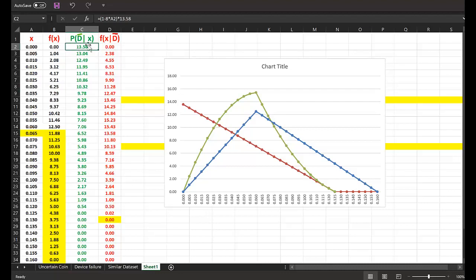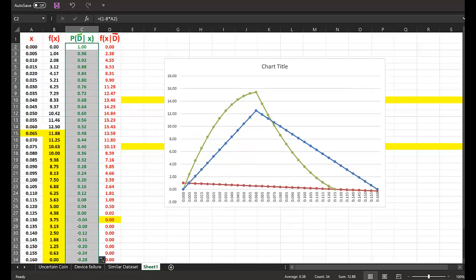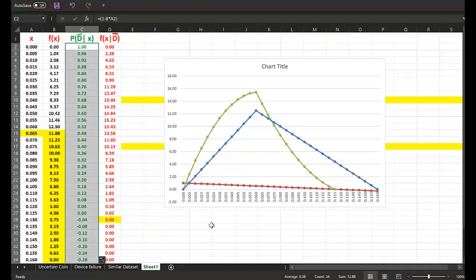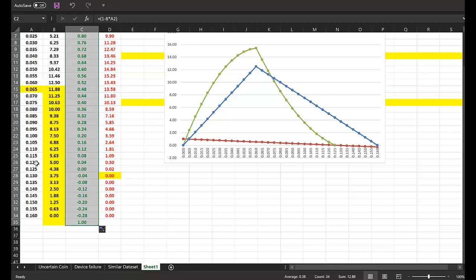This function is 1 minus 8x, and I also multiplied by a number 13.58. Basically why we do this, let's say I'm not multiplying this. So I am simply having this number, and this will go to all the points. This will go for less than 0.125. So this number 0.125 is here, and then all of this will be 0.